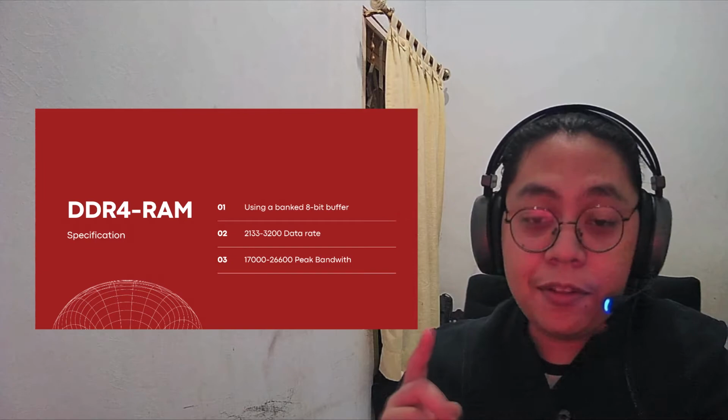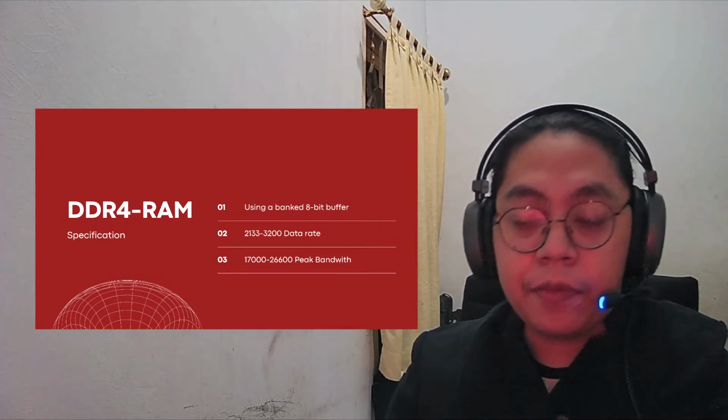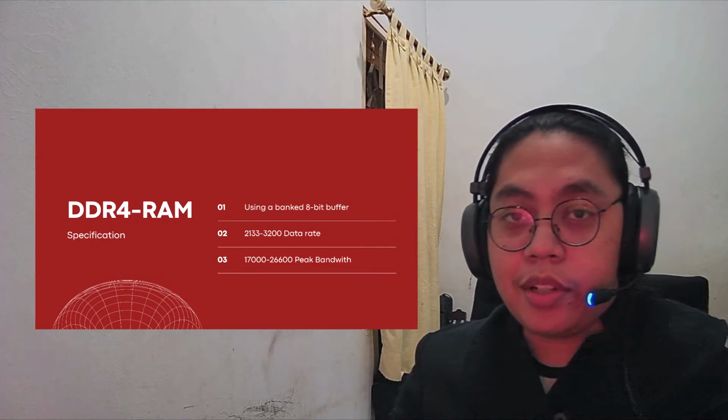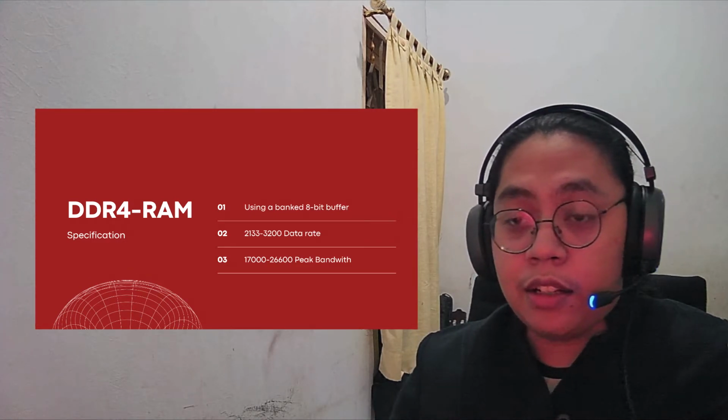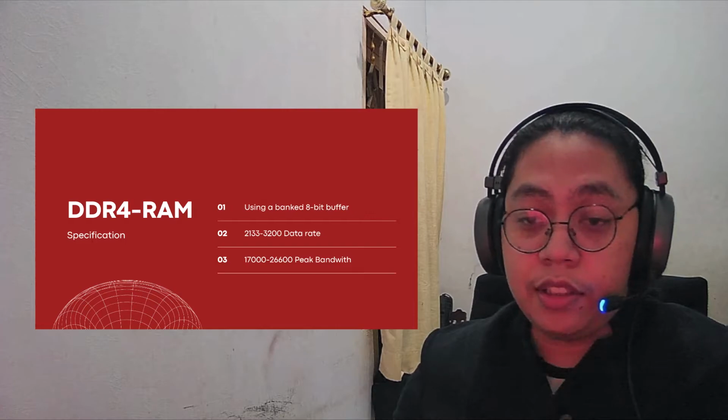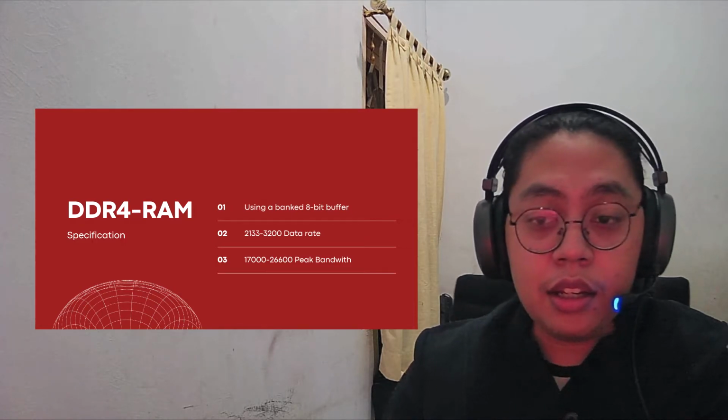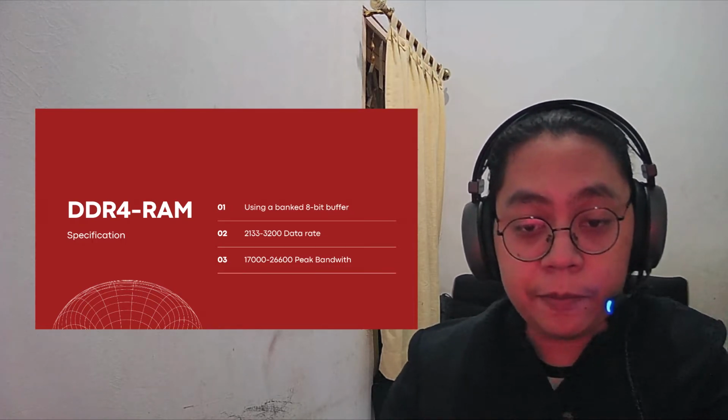If you're using a banked 8-bit buffer, they can split the process into two banks. That way it can go double the speed of the previous normal 8-bit buffer.